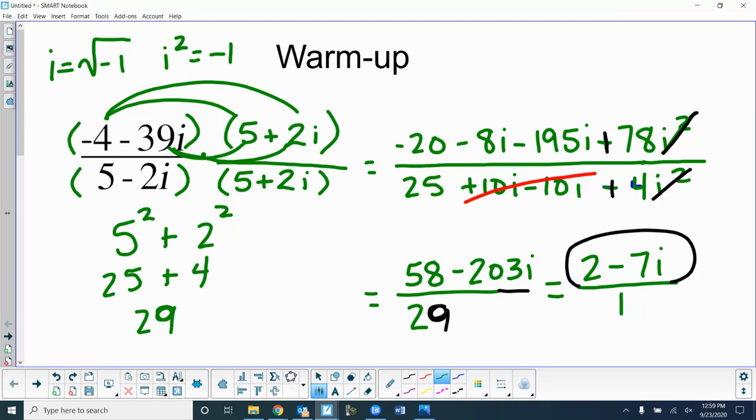Number 45 is 15 minus 29i over 41. 48 is 1 minus 2i. 51 is negative 16 minus 30i. 54 is 2 minus 11i. Let's stop right there. Any questions on any of them from 39 to 54?